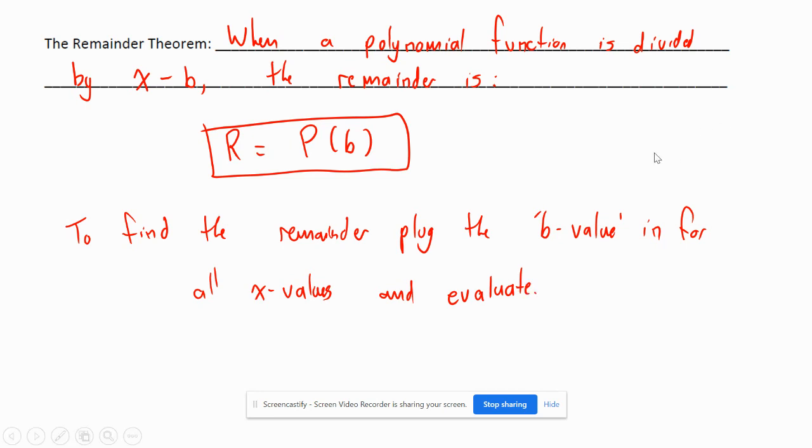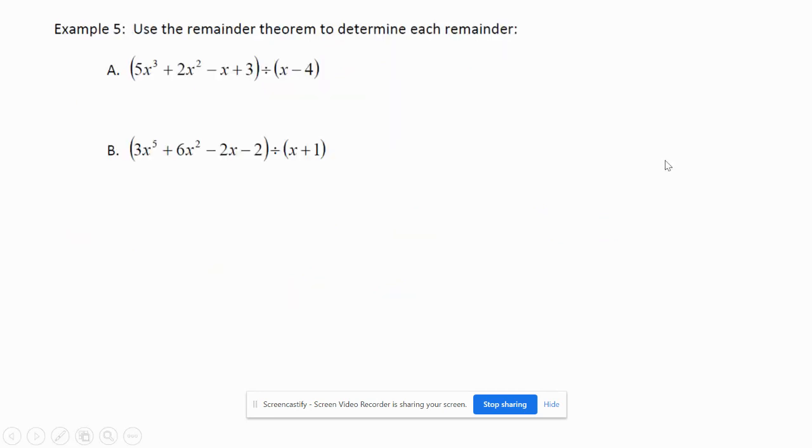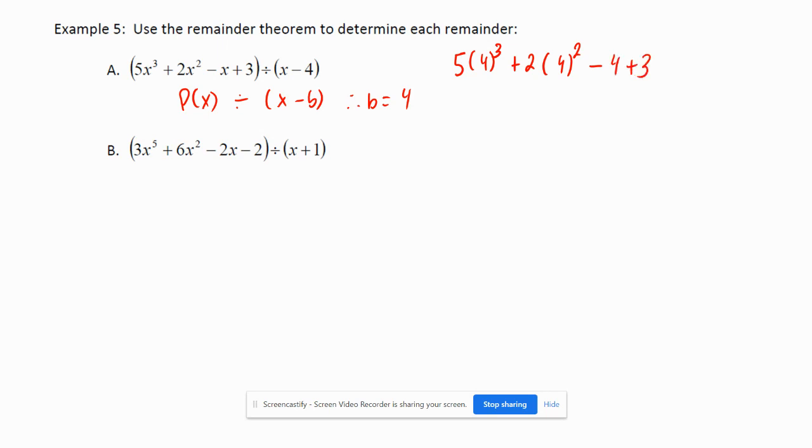Okay, so what does that mean for questions like this? For example 5, we are asked to determine using the remainder theorem. Here's our P of X divided by X minus B, therefore B equals 4. So we want to go 5 times 4 cubed plus 2 times 4 squared minus 4 plus 3.